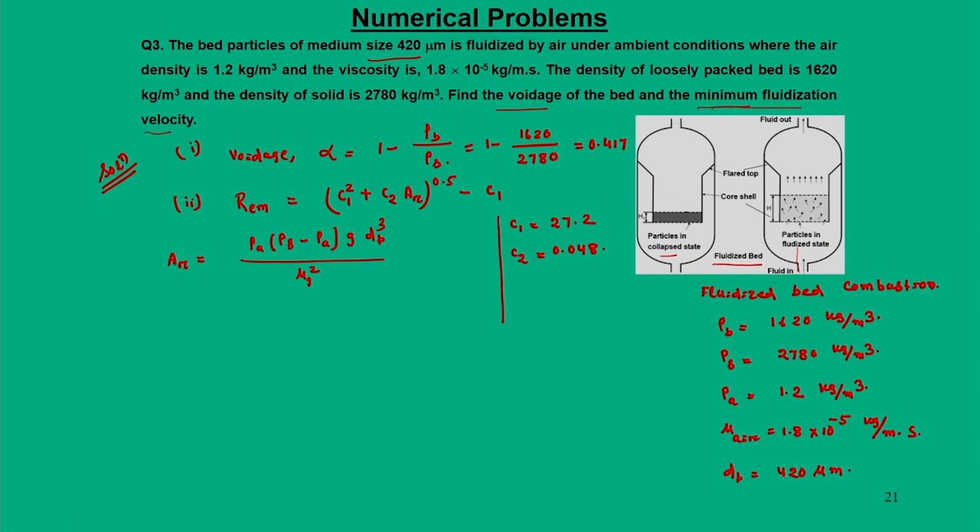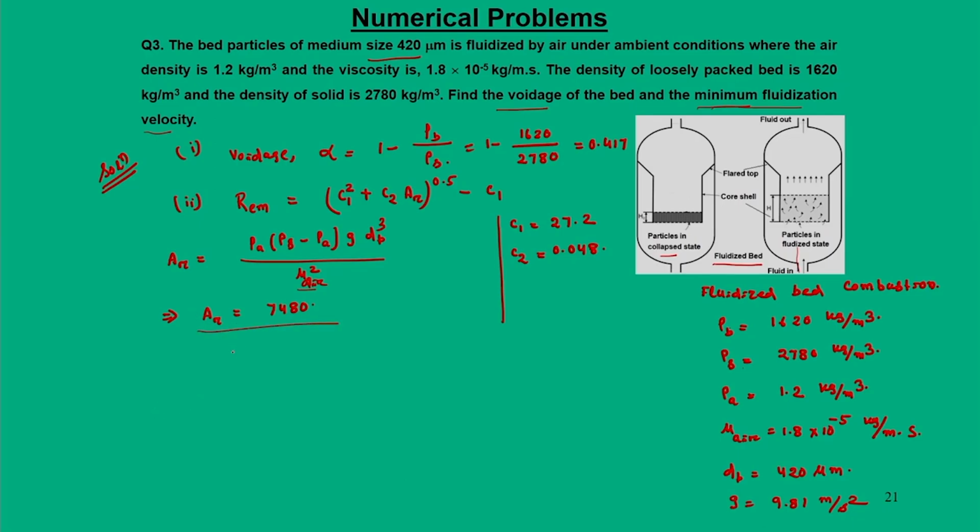All the data are given here, g is 9.81 meters per second square, dp is 420 micron, and mu of air, that is gas, is given as 1.8 into 10 to the power minus 5. When we insert these numbers we arrive at AR equal to 7480.